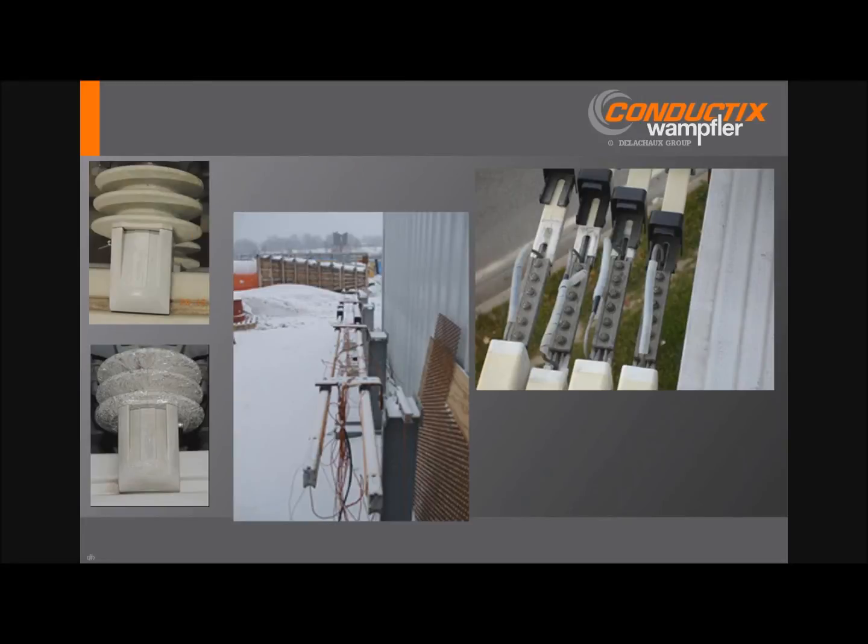So in areas of high solar radiation, again, I mentioned UV resistance for materials is pretty important. And here on the left-hand side, you can see some before and after of unprotected, really non-UV resistant insulators and the deleterious effect of UV on it.